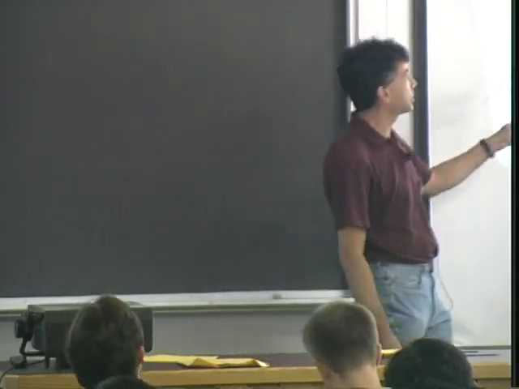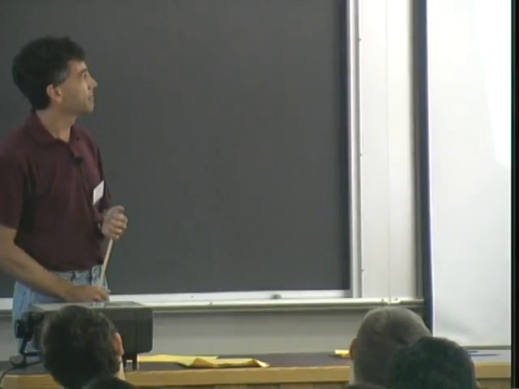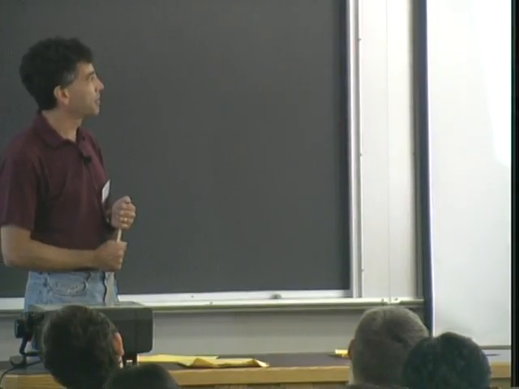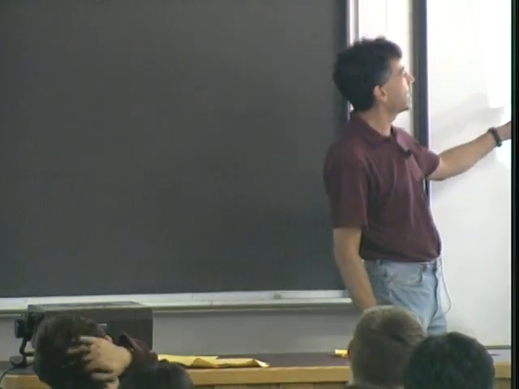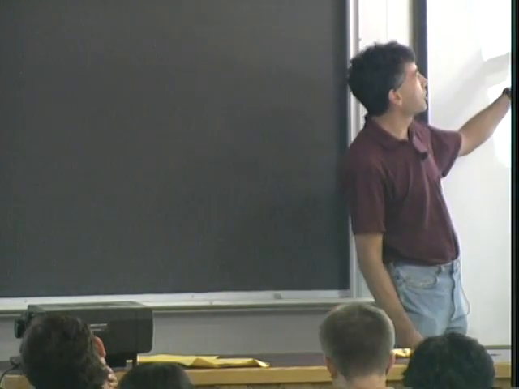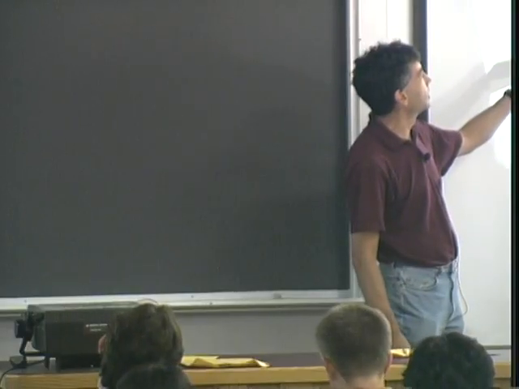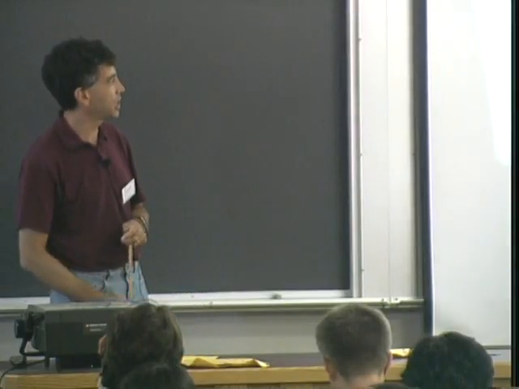If they average out to 0 at every point, then the surface is said to be minimal. It doesn't seem to have much to do with minimal, but it turns out that that's the condition that says it's locally area minimizing. You can sort of see that because if one of these curvatures was bigger than the other one, you could push in the direction of the greater curvature and decrease the area a little bit.